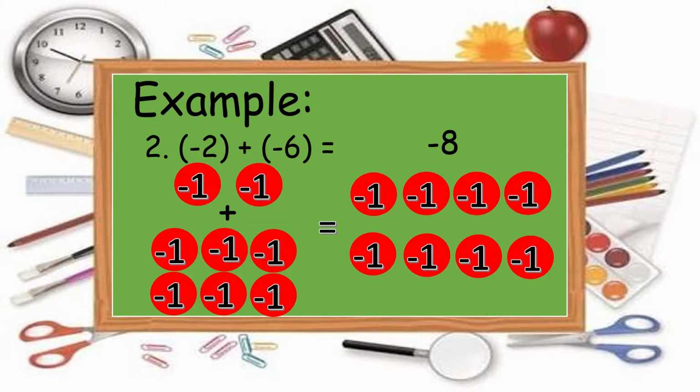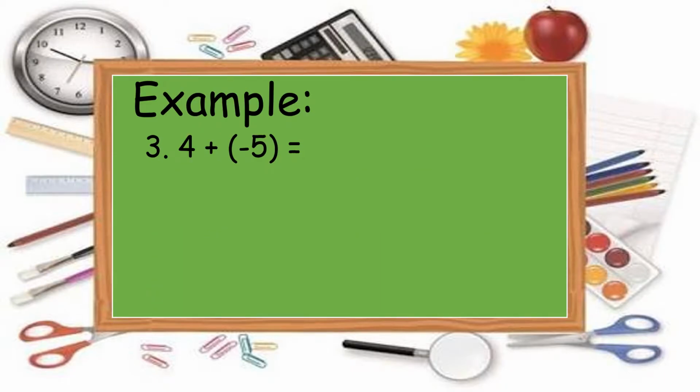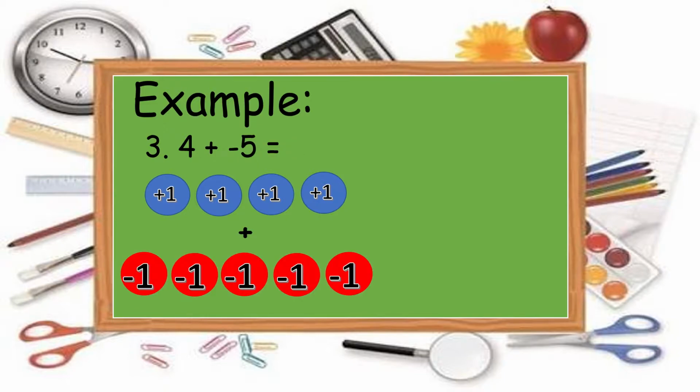Now, what if magkaiba yung sign ng dalawang integers? Suppose we have positive 4 plus negative 5. Again, ang positive 4 will be represented by 4 blue disks. At ang negative 5 naman will be represented by 5 red disks.